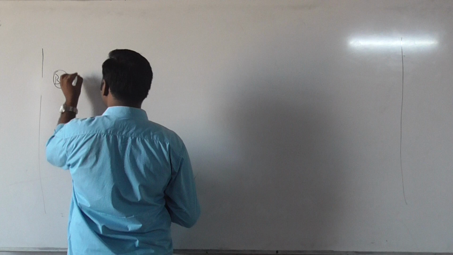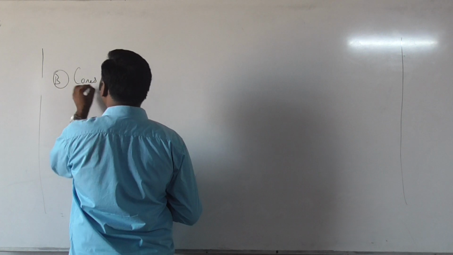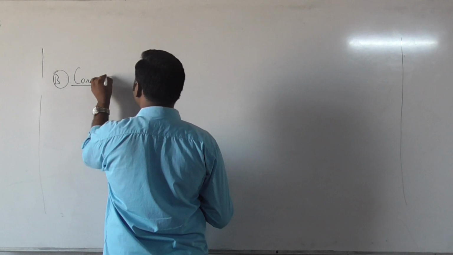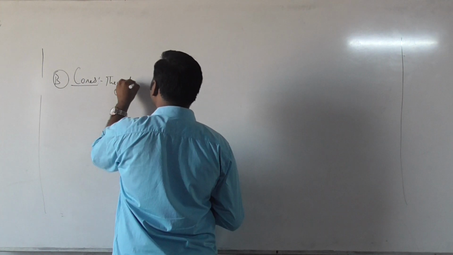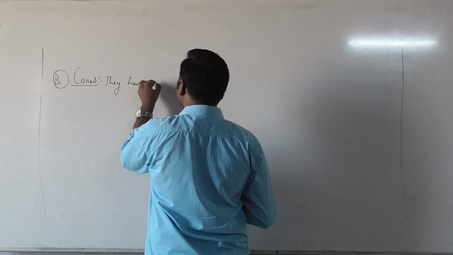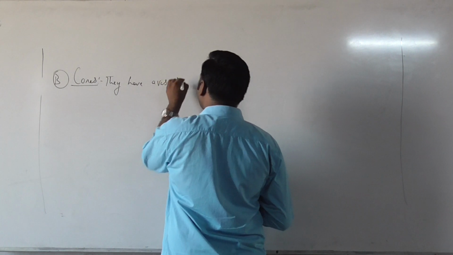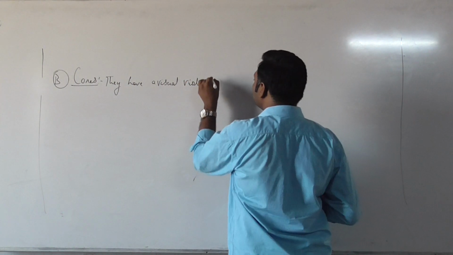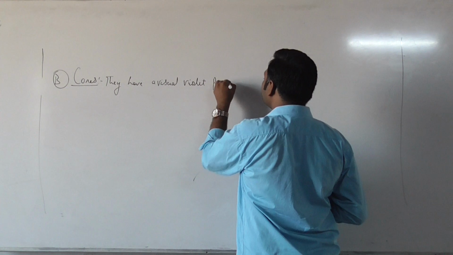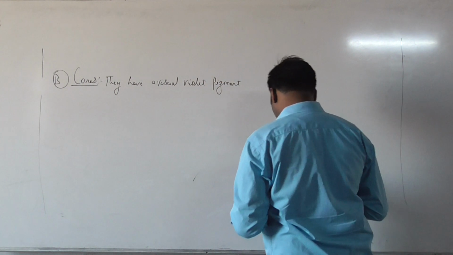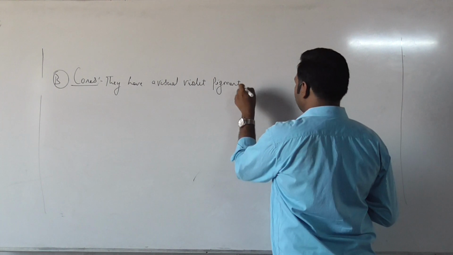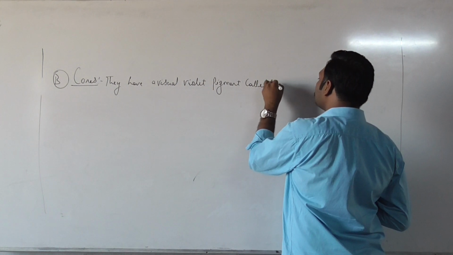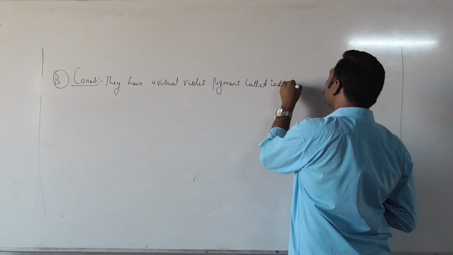Now, what are these cones? They have a visual violet pigment, which is called iodopsin.